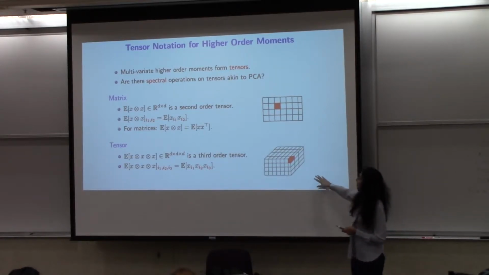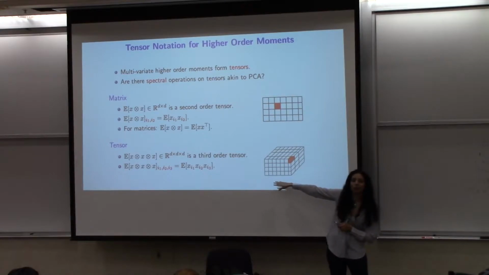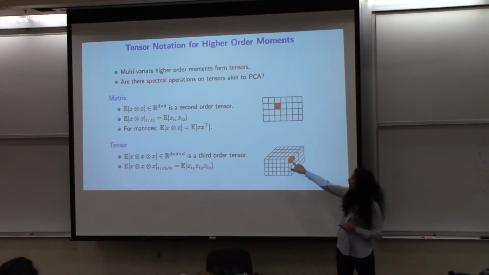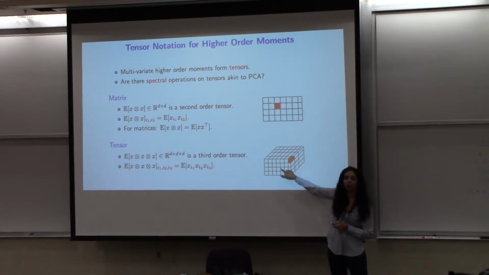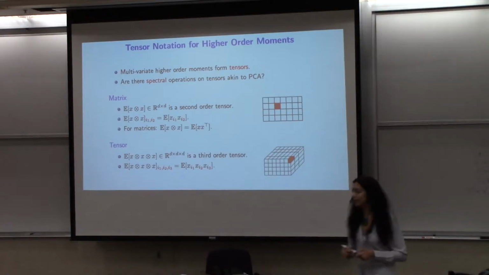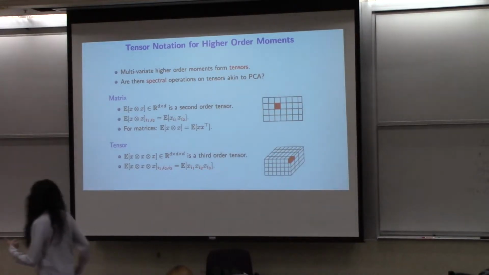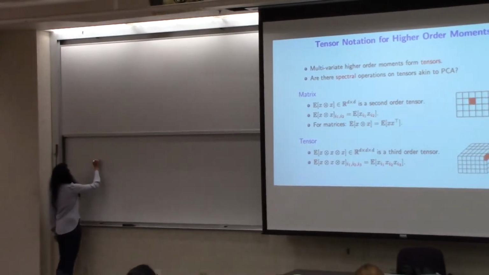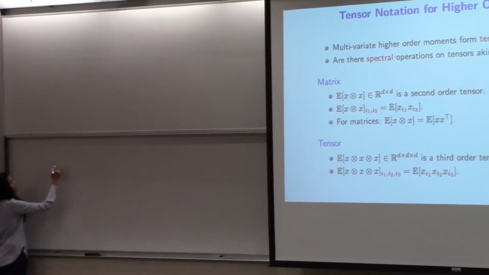But the main thing is now we're going to write down the third order moment. The analogous thing is I'm just looking at every triplet of coordinates and looking at their correlations. So now let's write down the third order moments. For the Gaussian mixture, how can I write down the third order moment?